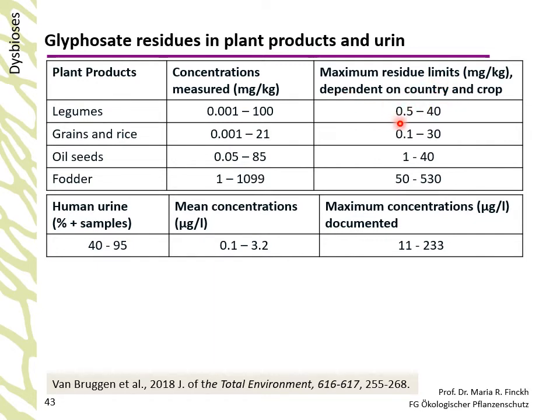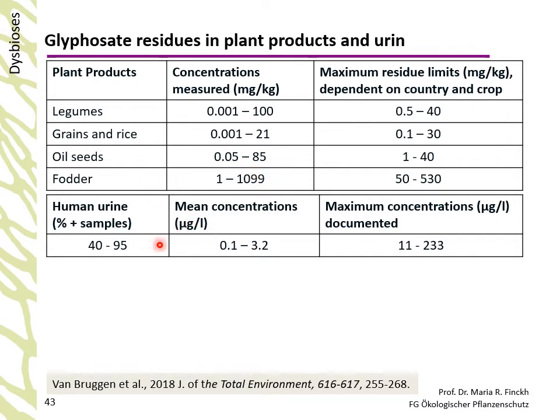You can see some allow 0.5, some allow 40 milligrams per kilo, from 0.1 to 30, from 1 to 40, depending on crop. In feed, the residue limits that are allowed are always higher, and the residue levels measured are also dramatically high.